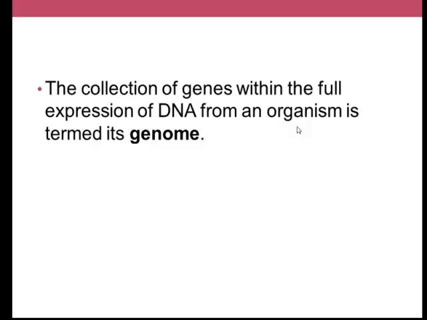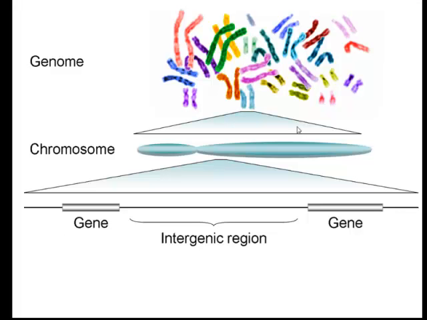Please don't confuse these definitions, the gene and the genome. A gene is only a small segment on the DNA molecule that encodes the synthesis of a certain polypeptide chain, or gives the code for the sequence of certain amino acids to form a specific polypeptide chain.